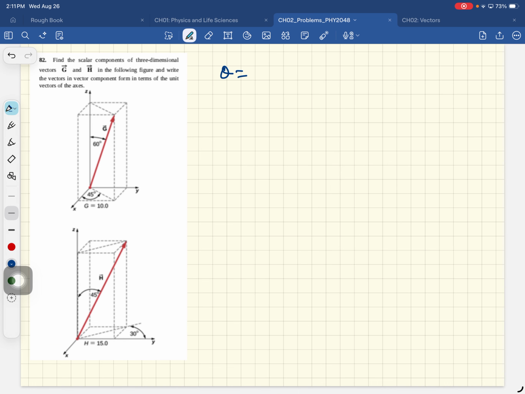So G is equal to 10 over cosine 30 cosine 45.